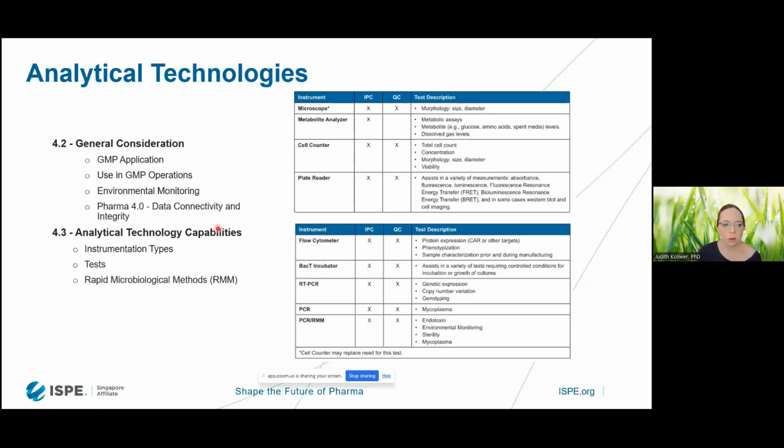This is just something where we have really put some emphasis on, because we feel it would really be a shame if we have the possibility to automate and speed up our manufacturing process, but QC and IPCs are behind, specifically again with this very, very tight connection between manufacturing and analysis. This is really something where we feel we need to make sure that we also put emphasis on automating and improving the data connectivity from our analytics department.